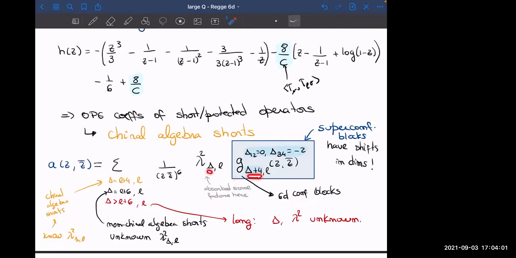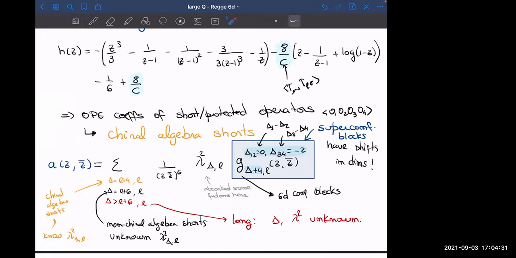I shifted the dimension by 4, and they look like blocks of a 4-point function of operators with unequal dimensions. So this here is delta 1 minus delta 2, and this is delta 3 minus delta 4, considering a 4-point function of 1, 2, 3, 4. So even though I'm looking at the 4-point function of 4 identical scalars, the superblocks end up being normal bosonic blocks with these weird shifts.